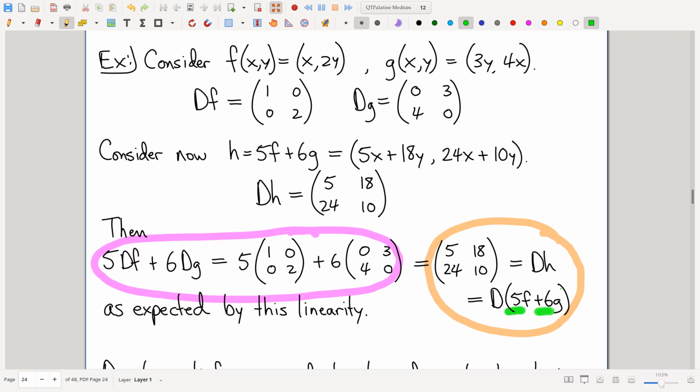On the left, I'm taking the linear combination after I differentiated. And the observation of linearity is that these are the same, and easy to multiply that out, right? Take those matrices on the left, multiply and add as indicated, boom, you get this matrix on the right.